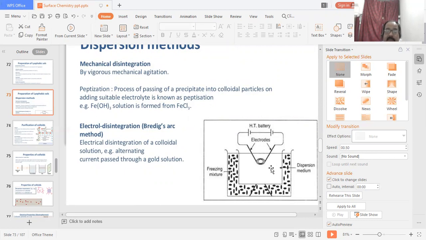This is the dispersion medium, and this is the freezing mixture. When we supply electricity, both electrodes are touched to each other. After that, they release a spark, and this produces heat. When heated, the metal can absorb the heat and convert.